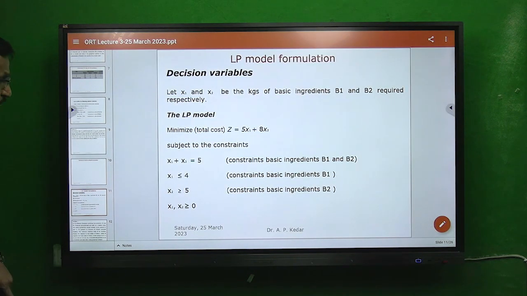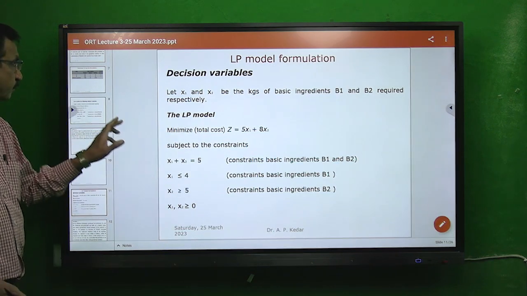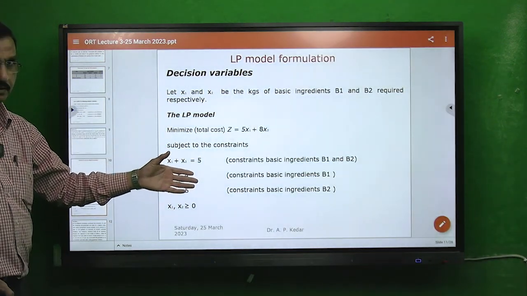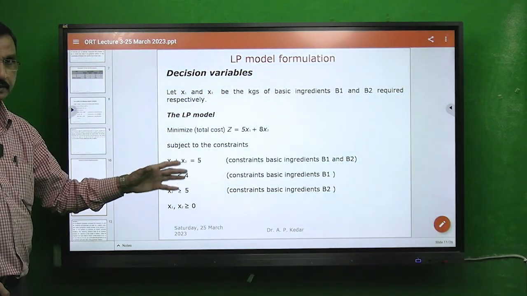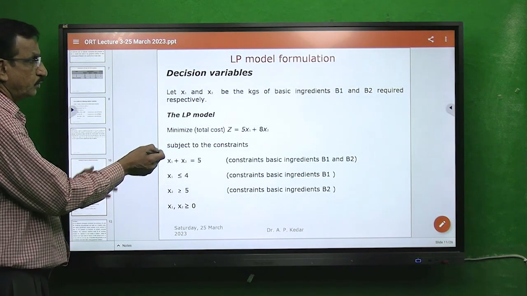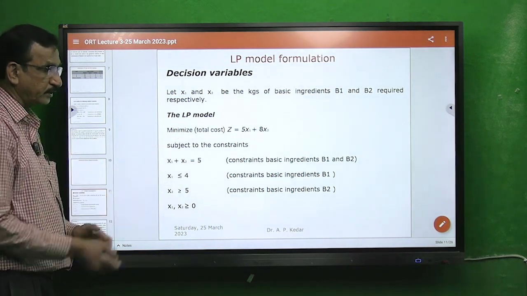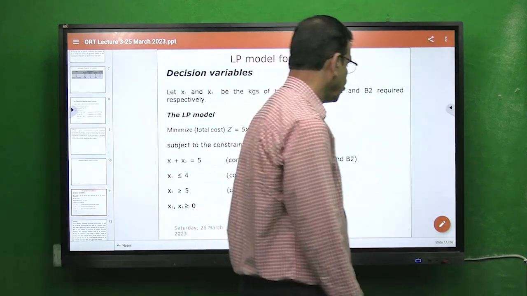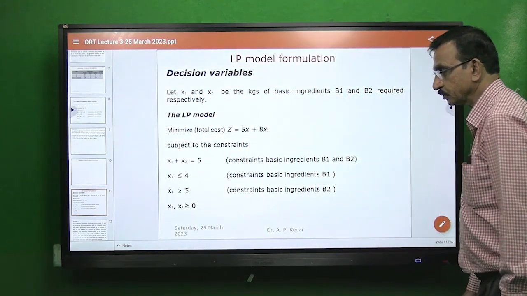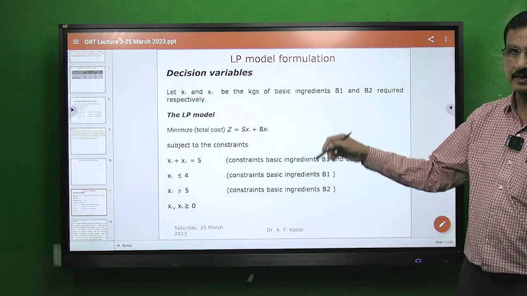See here, this is the way we have written it after making that summary table. If you want to write in a final form to be presented to your boss or higher-ups, it has to be like this.